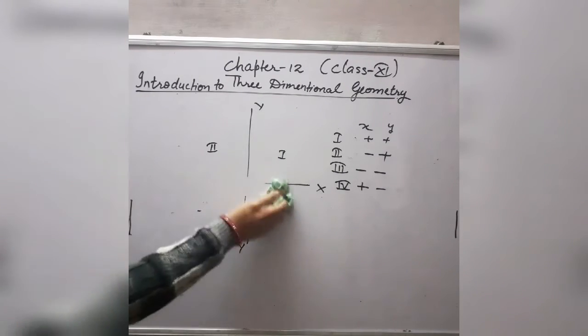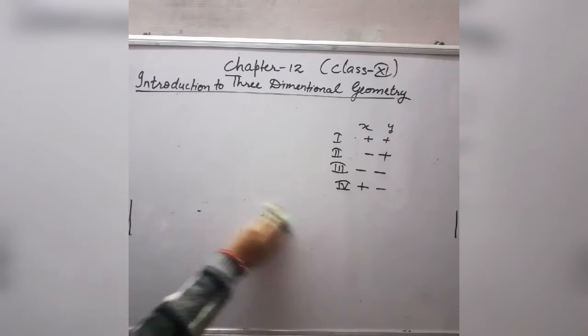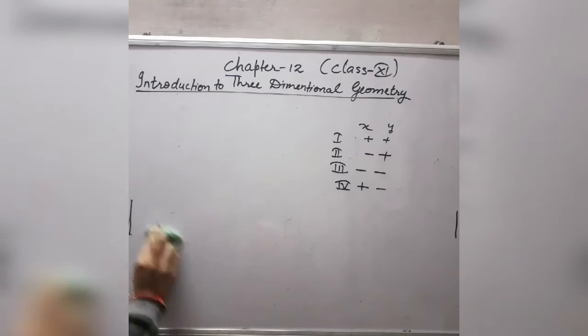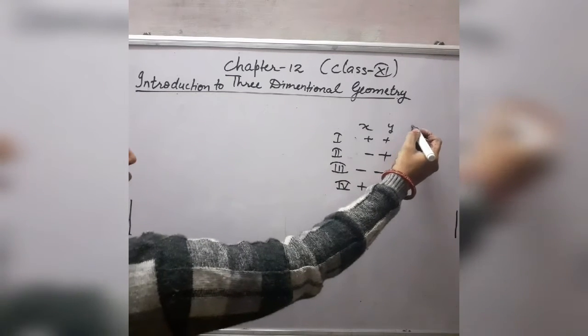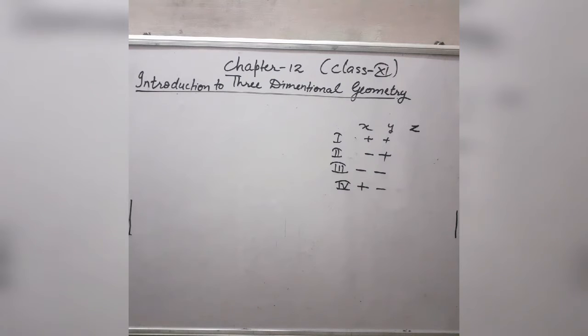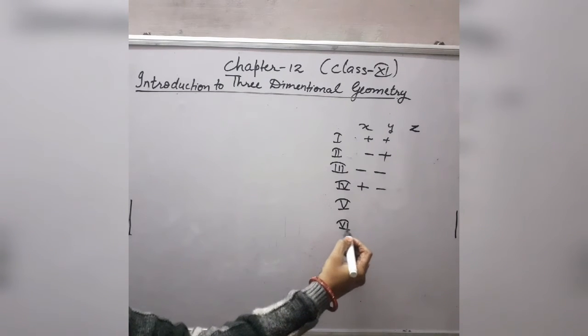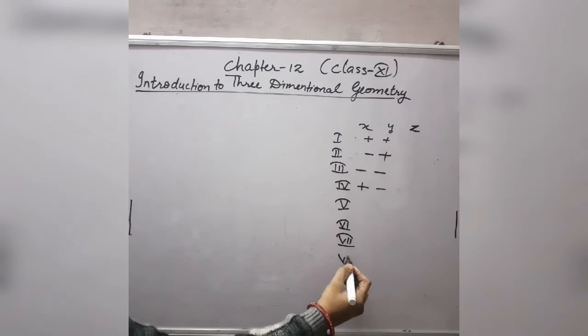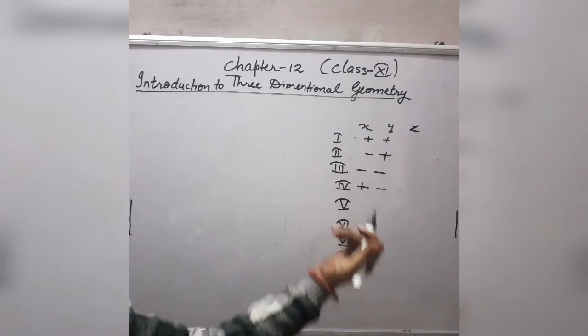Now in three dimensions, space is divided into 8 octants. And what will be the signs of x, y? In three dimensions there are three variables x, y and z, and a total of 8 octants: 1st, 2nd, 3rd, 4th, 5th, 6th, 7th and 8th. These are the signs of the x and y variables in two dimensions.